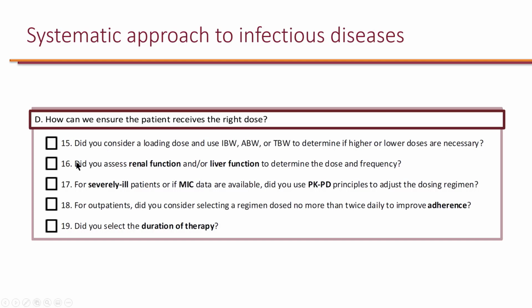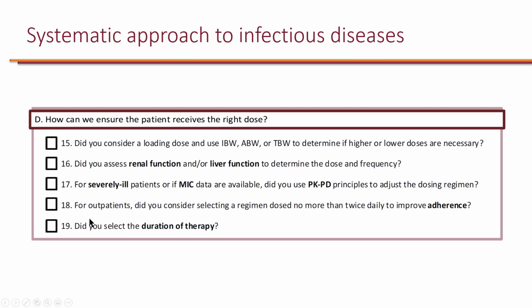You want to make sure that you adjust if it's needed for renal function and liver function. For severely ill patients, or if MIC data are available, we can use pharmacokinetic and pharmacodynamic principles to optimize the dose, and we'll talk about those principles throughout the course.